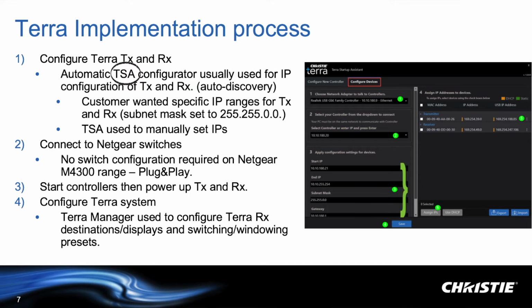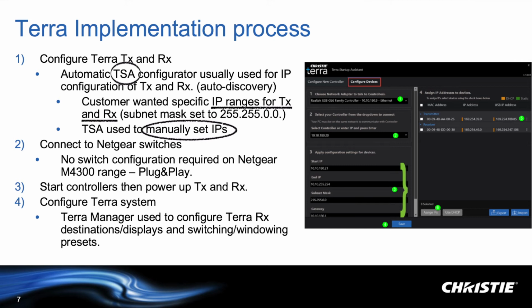The controller would go and auto-discover all the SDVoE devices on the network, and you could tell the controller to give each device an IP address within the range that you define. This particular installation, because they wanted different IP addresses for the transmitters and receivers, we had to do it manually. But it was pretty easy.